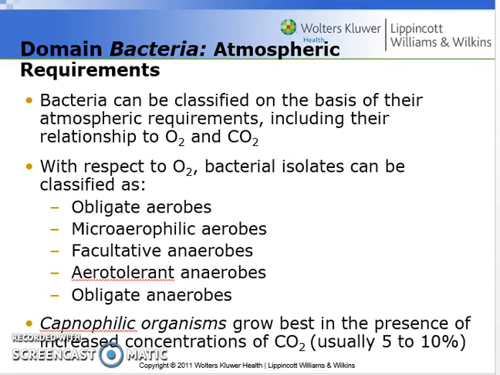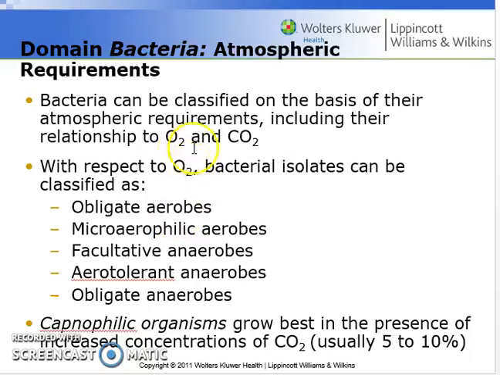There are certain atmospheric requirements that bacteria need in order to survive. Bacteria can be classified on whether or not they're able to use oxygen to undergo cell respiration, or if they're able to thrive without it.